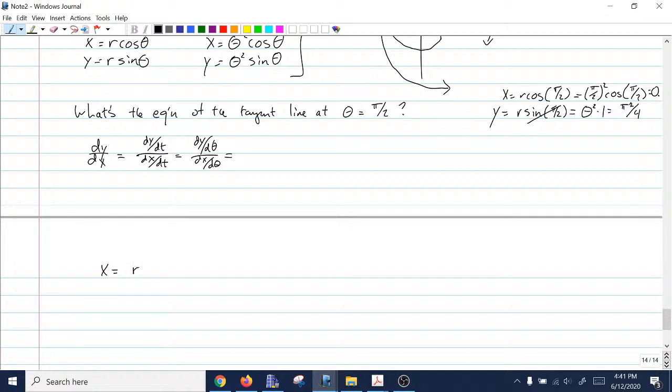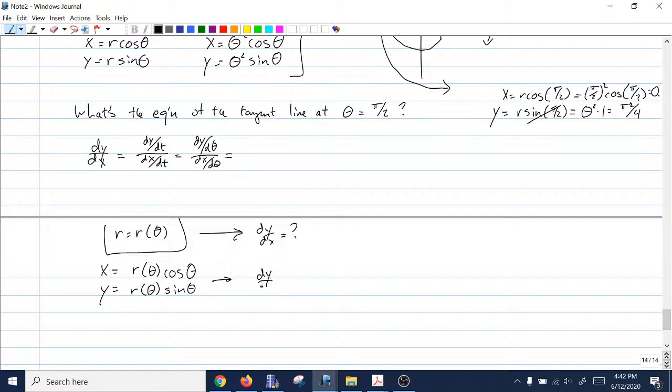If r equals r of theta, and I want to find dy/dx, x is going to be that function of theta cosine theta, y is going to be that function of theta sine theta, so dy/dx is going to be dy/d theta over dx/d theta.